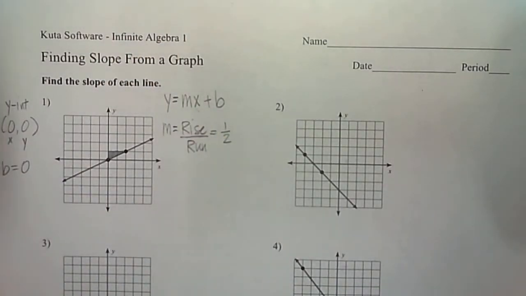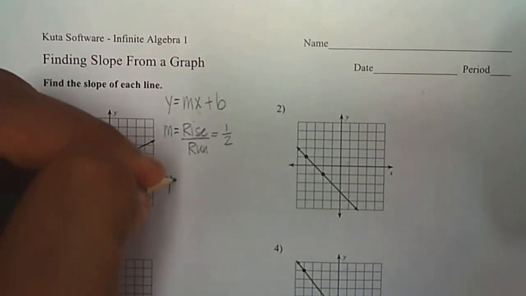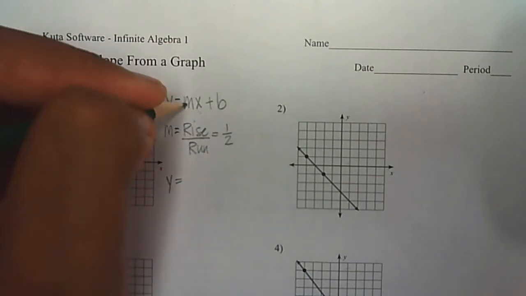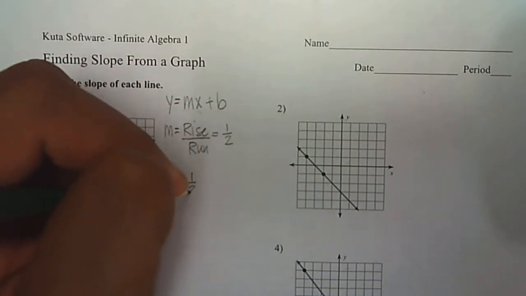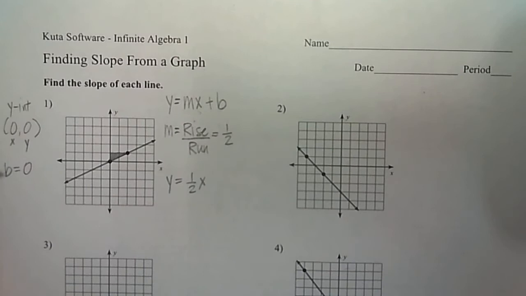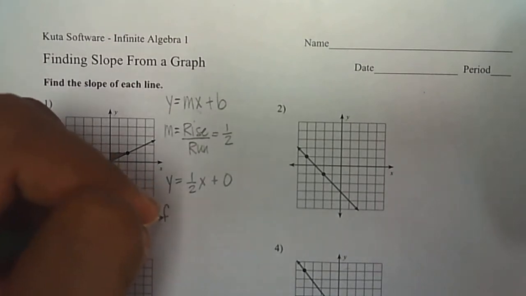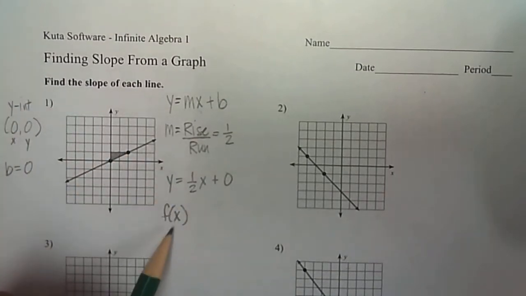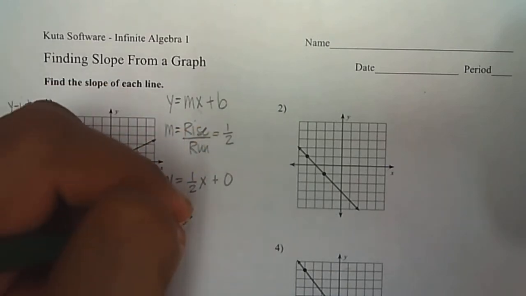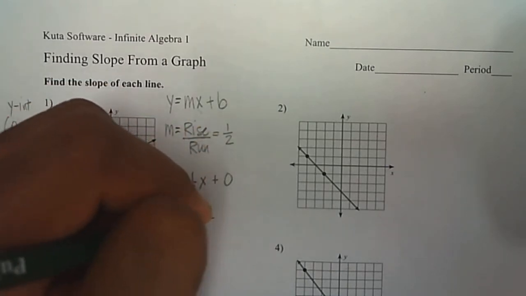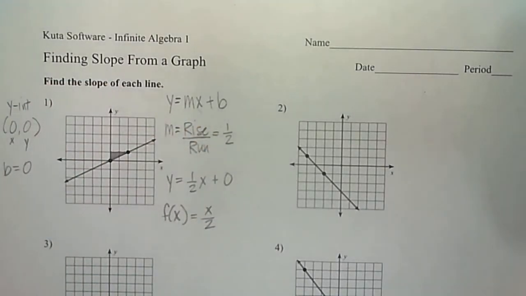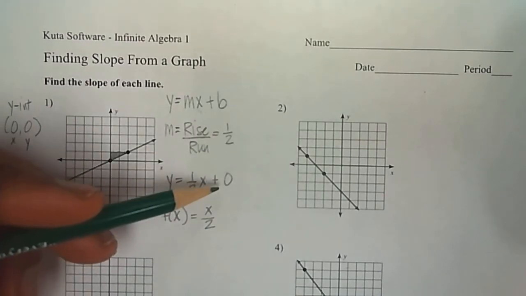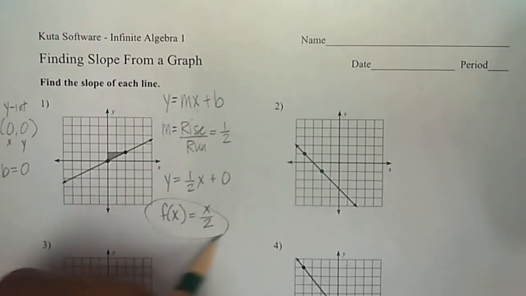So when you put those together, your y equals your slope, which is 1/2 x, and your back number plus 0. If I wrote this in function notation, so f of x, whenever I plug in a different number, I'm going to get half of what I have. 0 stands for nothing, so we're cool.